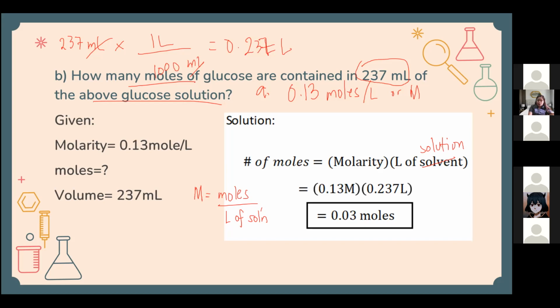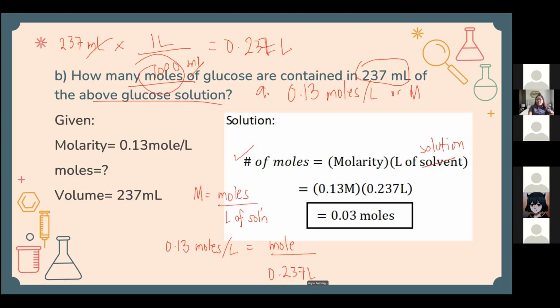You have the option whether to derive the formula just like this, or you just use the original formula and substitute the given. So, ang molarity na na-compute natin kanina is 0.13 moles per liter equals yung hinahanap natin, syempre, moles divided by, ang liters of solution daw nito ay 0.237 liters.